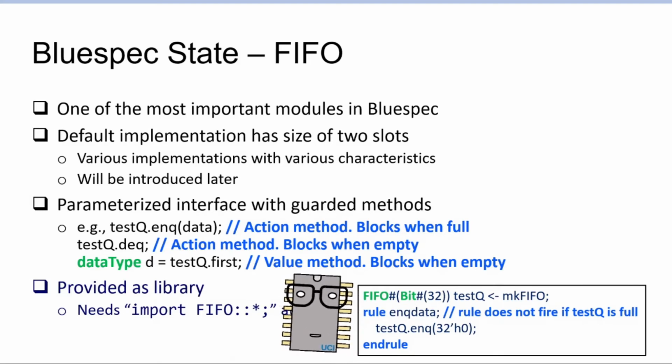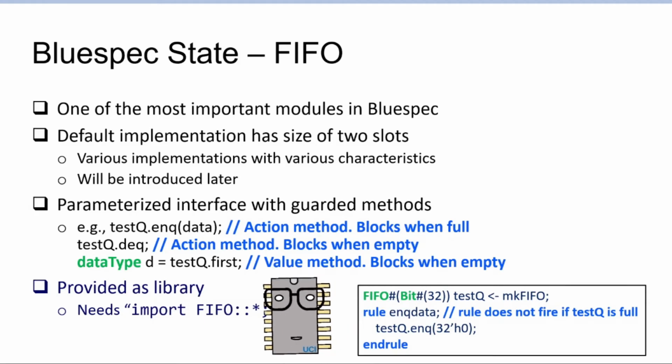So using FIFOs is a typical way of implementing pipelining in BlueSpec. Instead of using pipeline registers, pipeline flip-flops, typically you would implement a pipeline with FIFOs between each pipeline stage, each rule doing some amount of work.